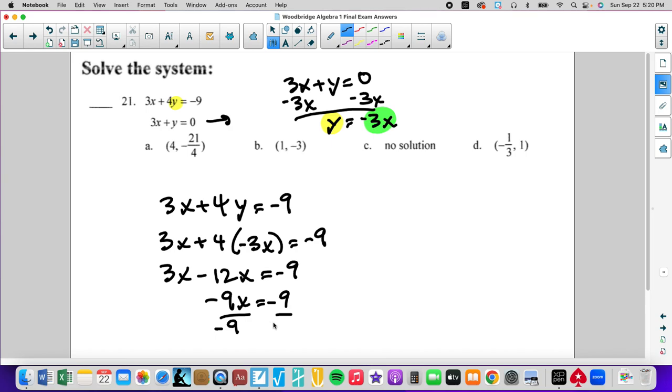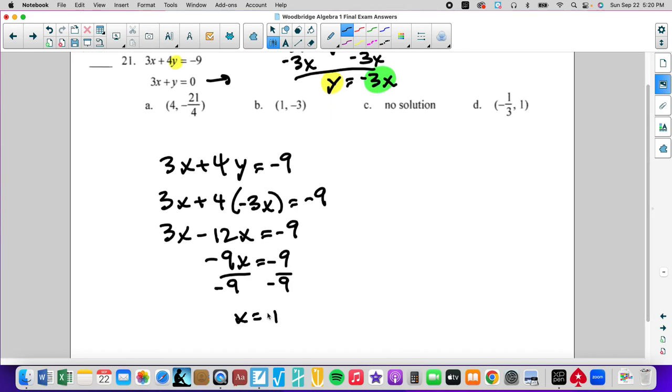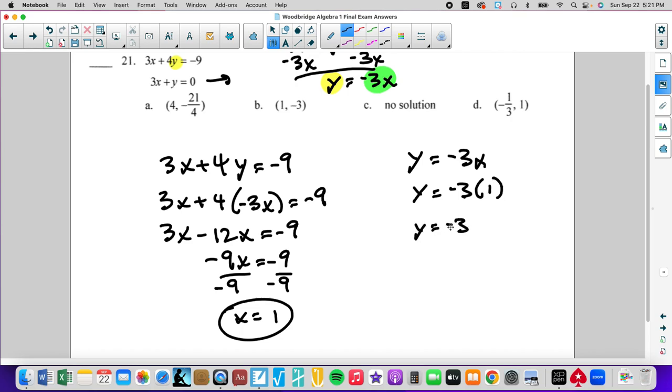Divide by negative 9 gives me x equals 1. And the nice thing about that is we can take that equation and use it to find my y value. So y is going to equal negative 3. So a common point between those two equations would be 1, negative 3.